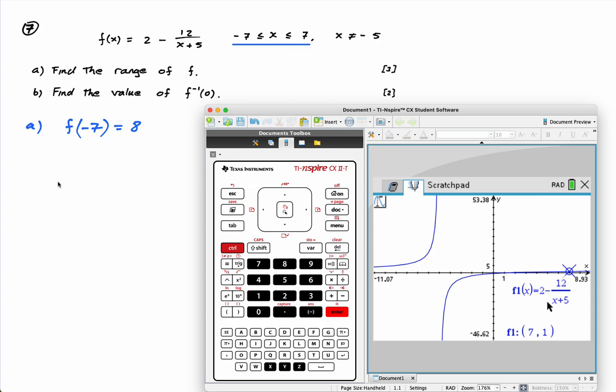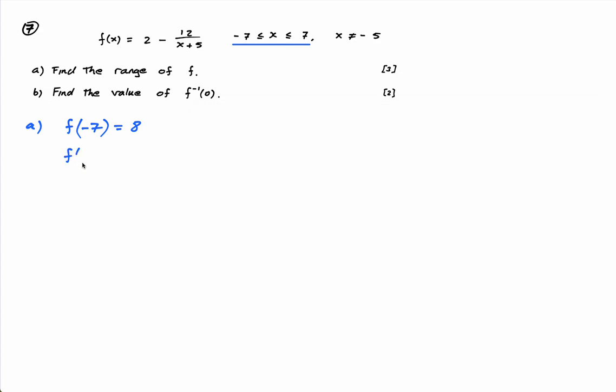So f of 7 equals 1. So therefore the range is y is greater or equal to 8, or less than or equal to 1.